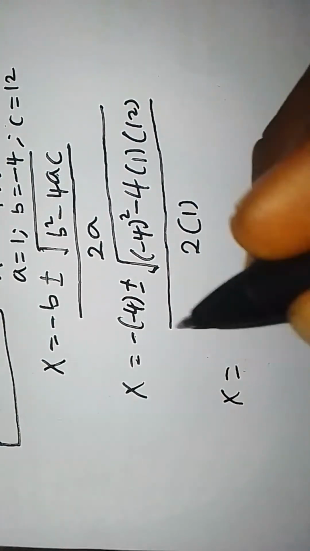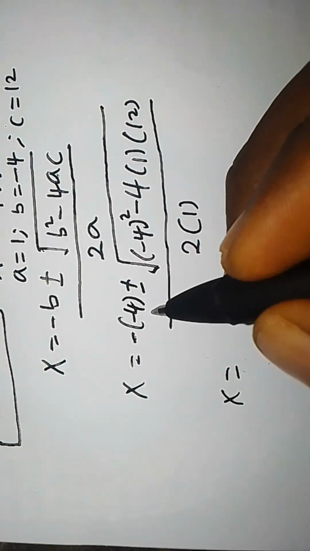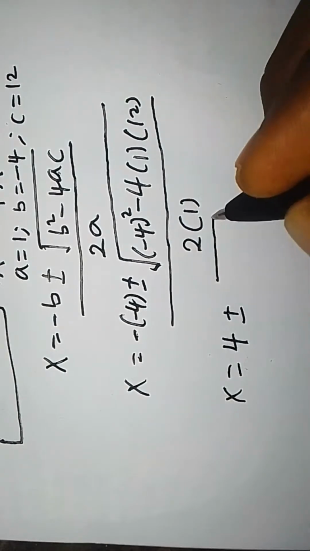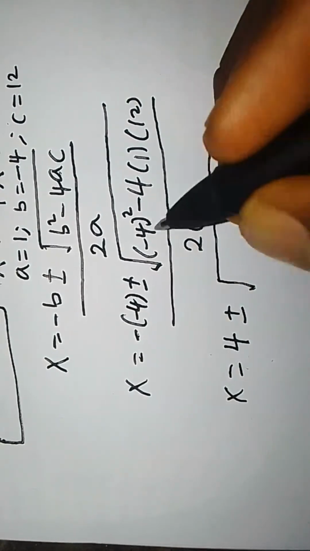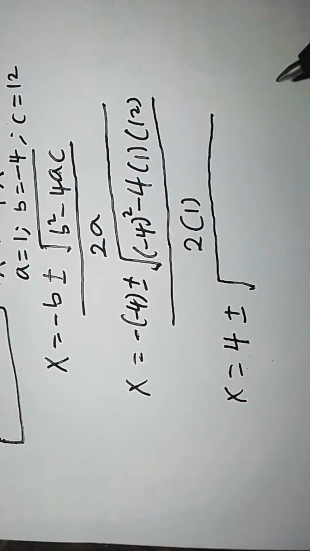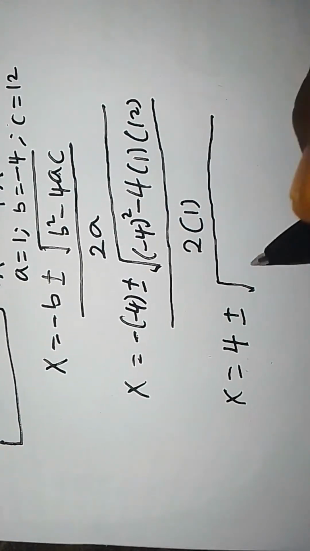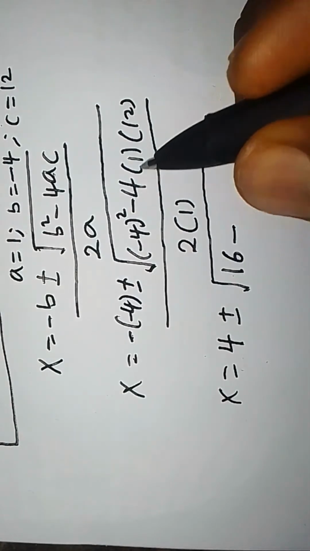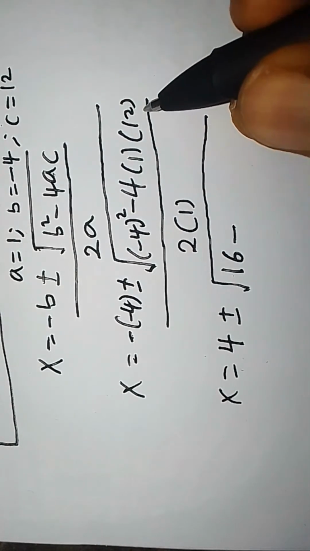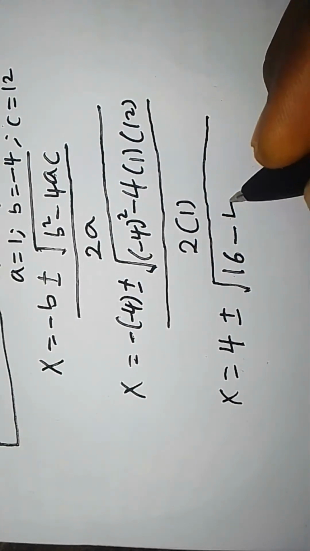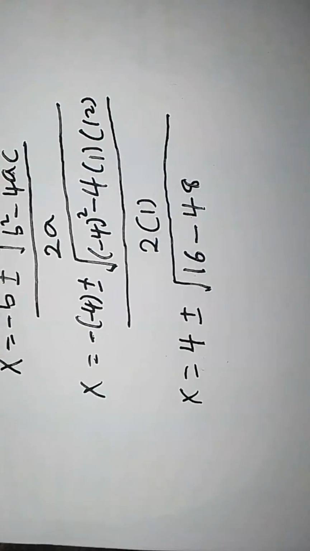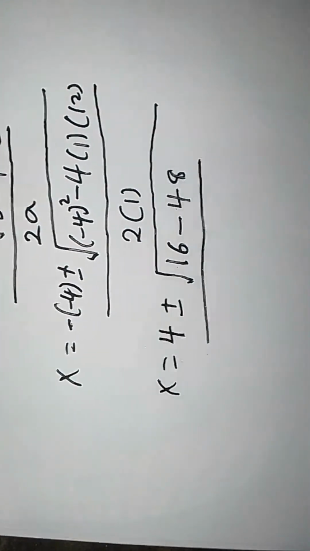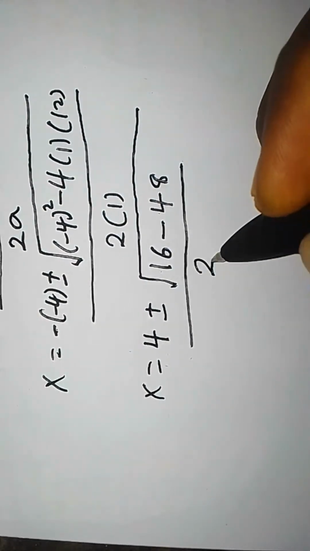X is now equal to minus times minus 4, that is 4, plus or minus square root of minus 4 all squared, that is minus 4 times minus 4, which is simply 16, minus 4 times 1 times 12, that is 48, divided by 2 times 1, that is simply 2.